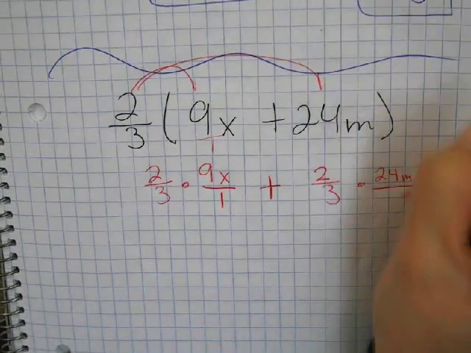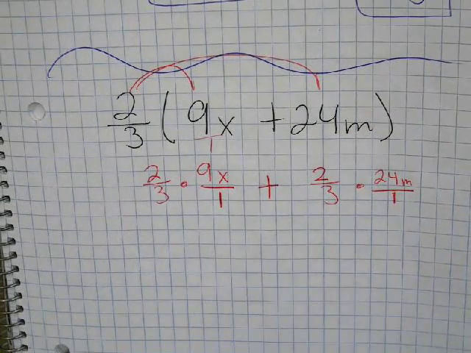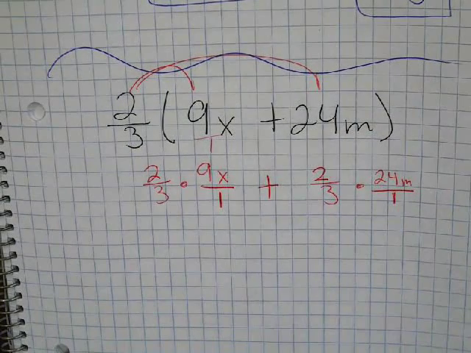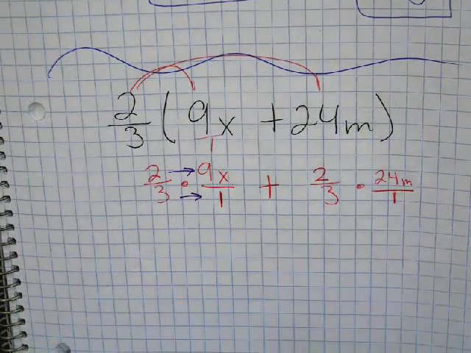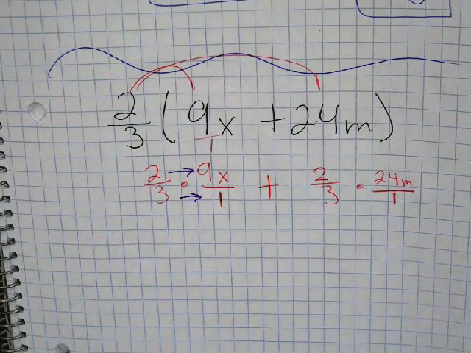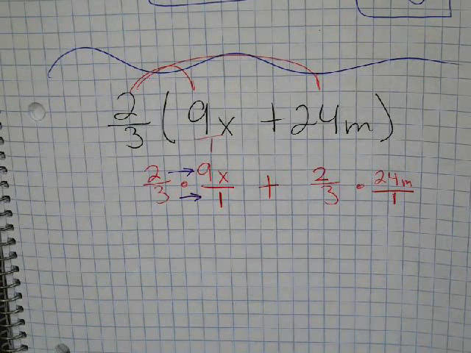We're going to stick the m with it over 1. So now you're going to be multiplying fractions. It's easy, right? You just multiply straight across, or you simplify before you multiply. And if you simplify before you multiply, you actually get an easier problem.